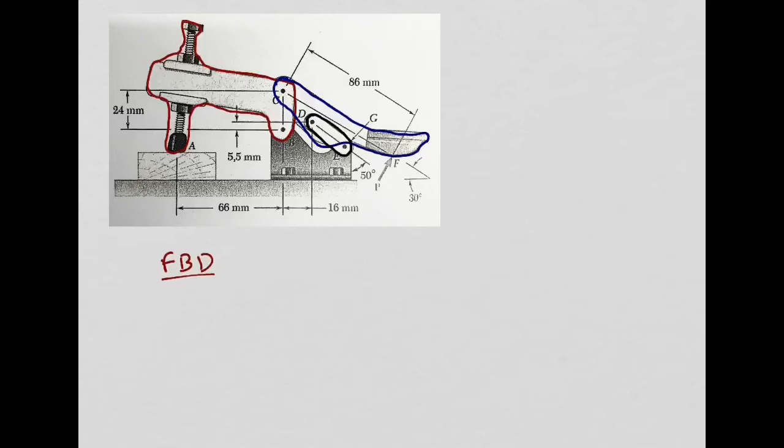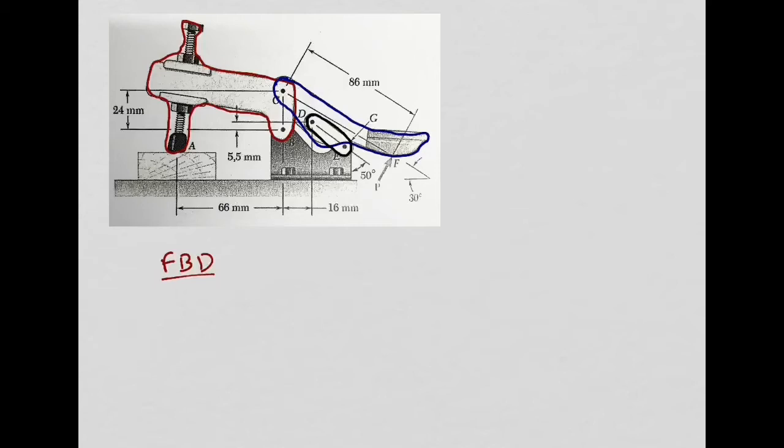The question here is, which part am I going to choose for my free body diagram? The part in red, the part in blue, the part in black, or the entire thing? So we need to decide which part we are going to use.